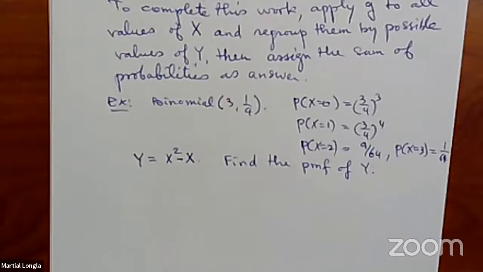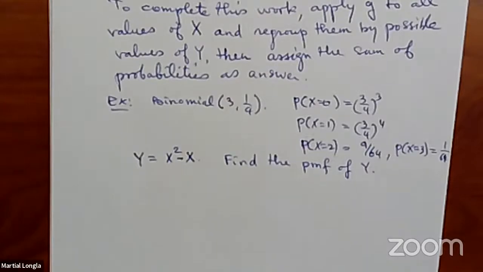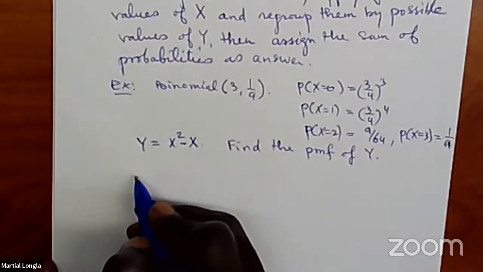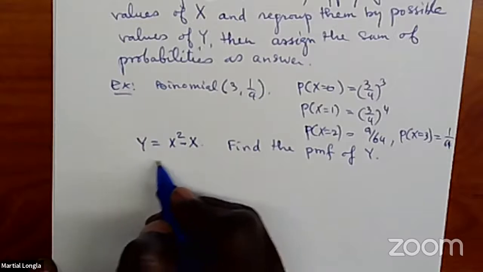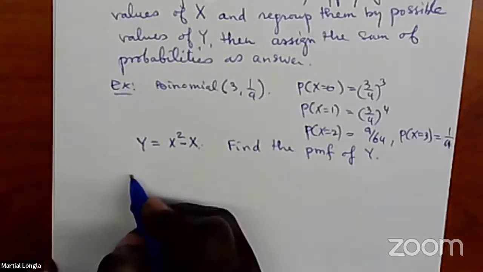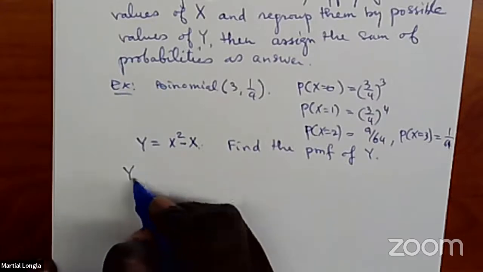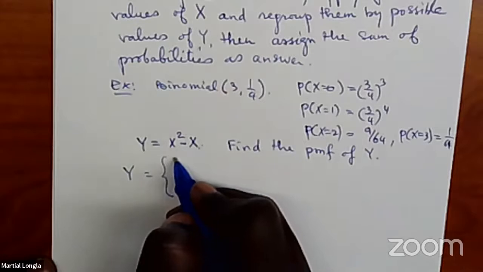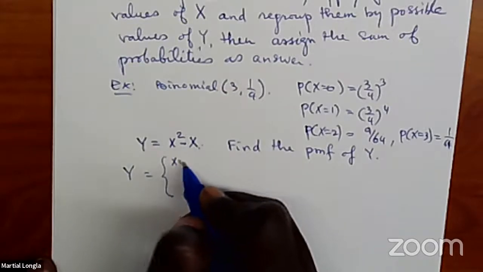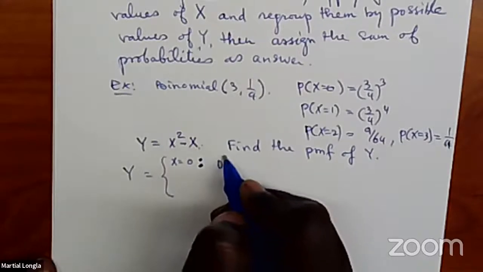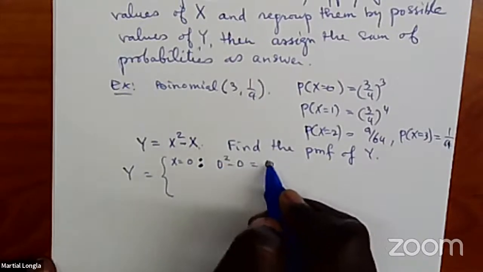So what we do is we take g of x, which is x squared minus x. The possible values of y: when x is equal to 0, y is 0 squared minus 0, which is 0.